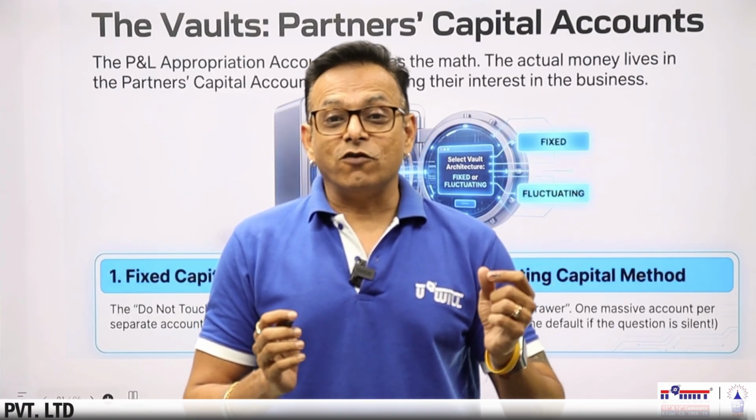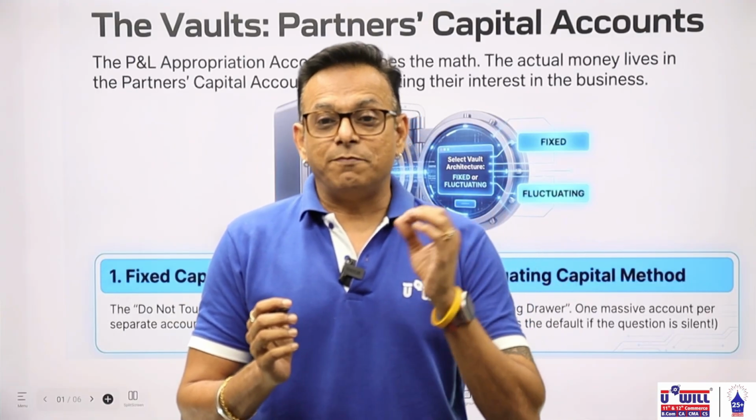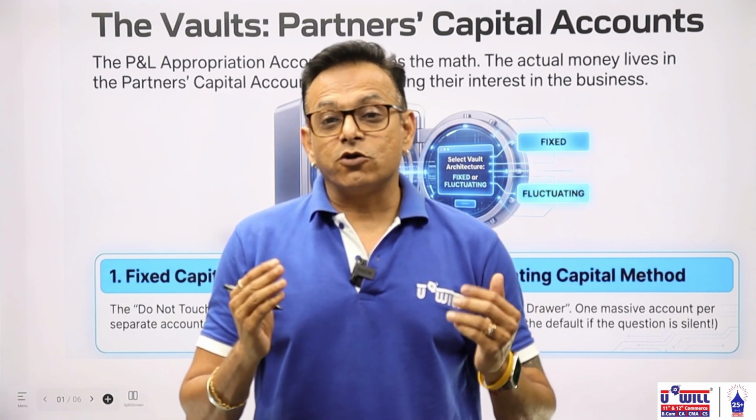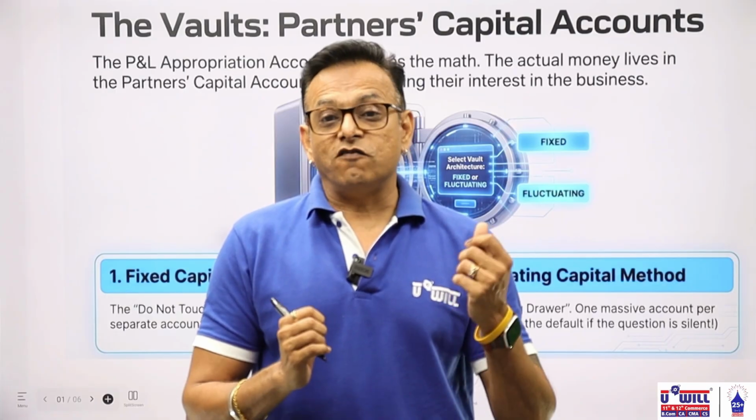Great time learning the concepts of partnership, and I hope you all are watching all my video lectures very seriously, taking notes, revising, practicing. Now, today's lecture, I am going to cover how partners maintain their capital account, and there are two methods which we are going to study on maintenance of capital accounts of partner.